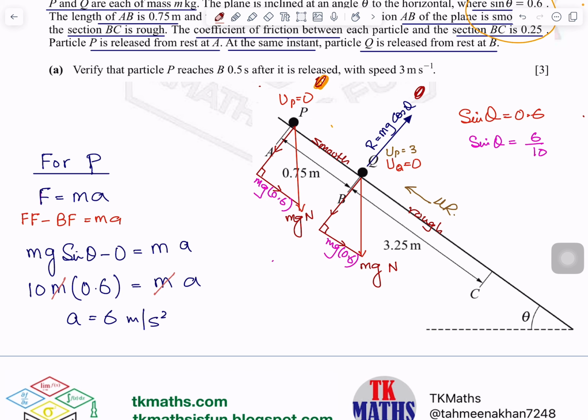But what happened, this particle P is on the smooth surface for this time, and Q is on the rough surface. So at a certain time they both, for example, collide here. It comes from here and it comes from here, and they collide here at this time.